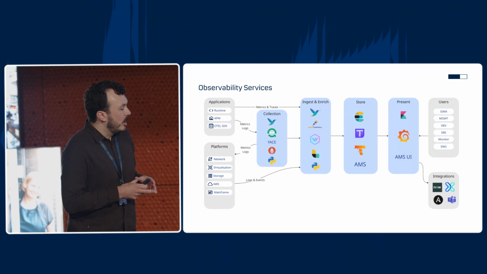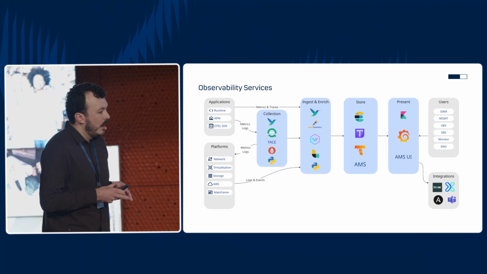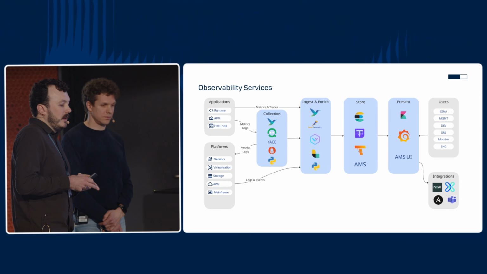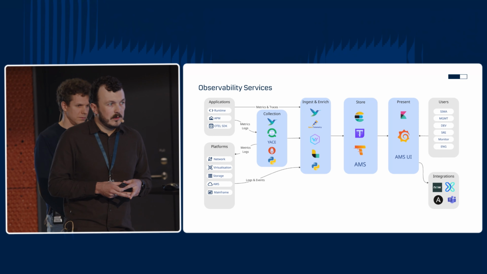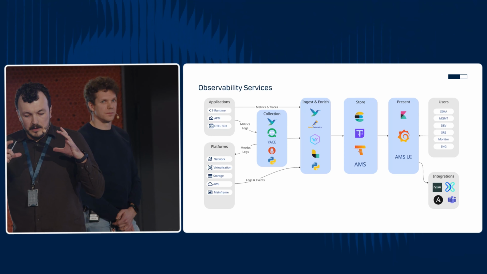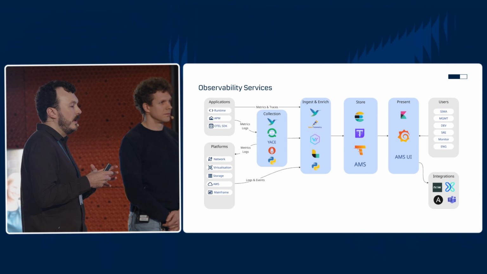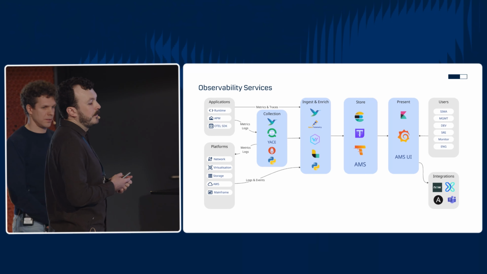And we were thinking, what can we do in addition to this? And what we really needed was a common interface, a common structure for all of those signals, so that users can interact with this common interface without knowing the intricacies of every single signal that is behind, whether it's logs, traces, metrics, or anything else.